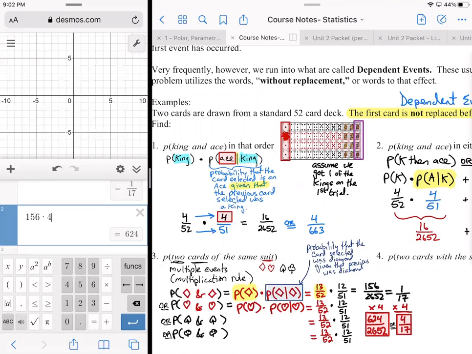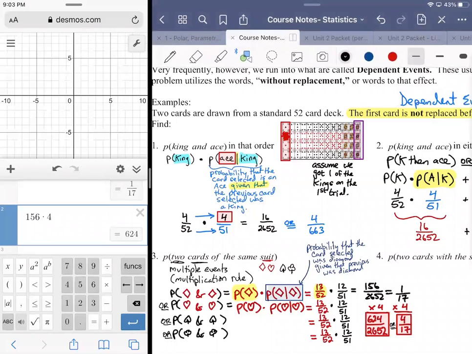So we got two cards of the same suit. Each type of card amounts to a quarter of the deck. So if I want to get two consecutive cards of one suit, I've got roughly a 1 in 4 chance of that happening. How would I know that? Well, if you have experience playing cards, you'd look at it and say, yeah, that feels right.